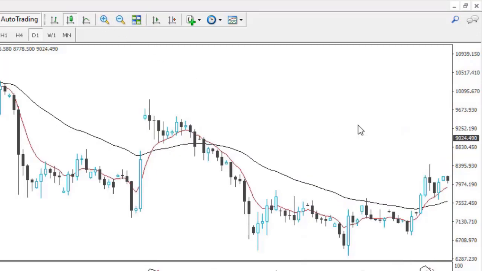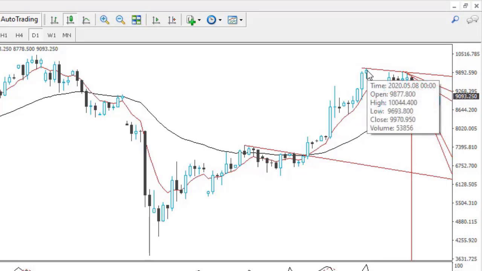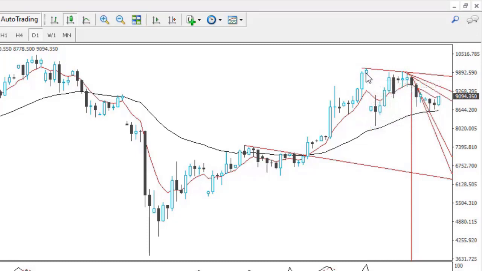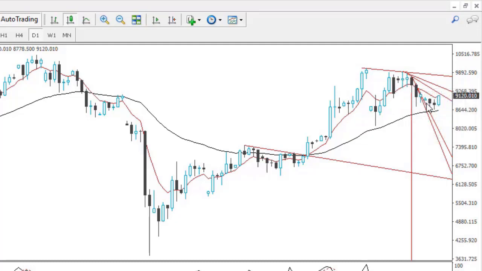Alright, if I zoom it, you will see that we have a series of higher highs and higher lows. This high broke the 10,000, and during this day it happened a few times, but after that these highs couldn't really break the 10,000 and the price pulled back a little bit. Now we have a very promising day today, but we will see what will happen. And regarding the trend, we are still in an uptrend.